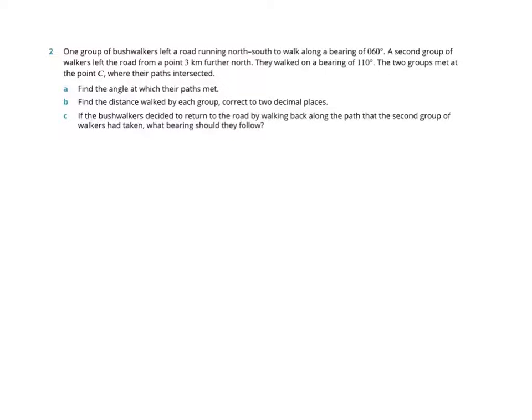One group of bushwalkers left a road running north-south to walk along at a bearing of 60 degrees. So we need to set up the scenario. Remember what I said about putting your little compass bearing. They set off on a road that runs north-south, so let's get our little compass ready.